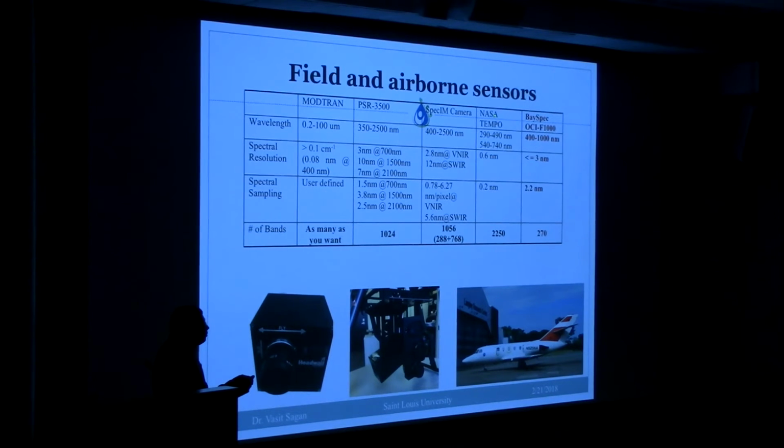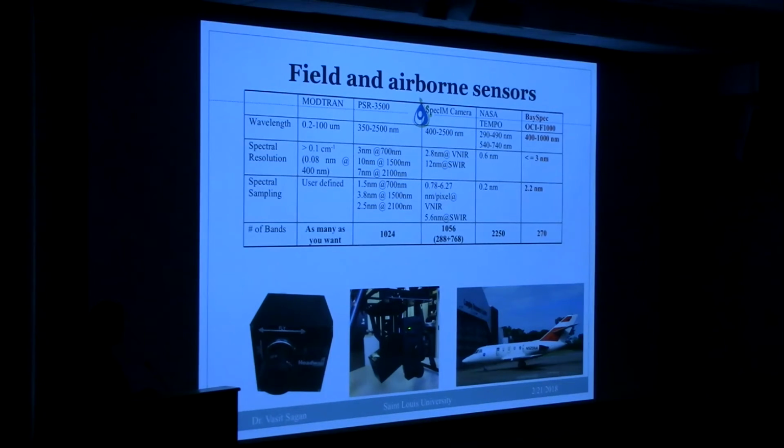The thing I want to talk about is NASA's TEMPO, which has about 2,000 bands within the 290 to 490 nanometer spectral region with 0.6 nanometer spectral resolution. And there's another one too, but Headwall is the best among those affordable cameras that can be deployed on a drone.